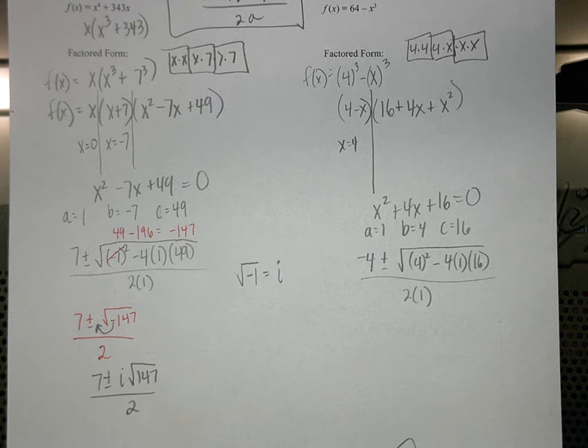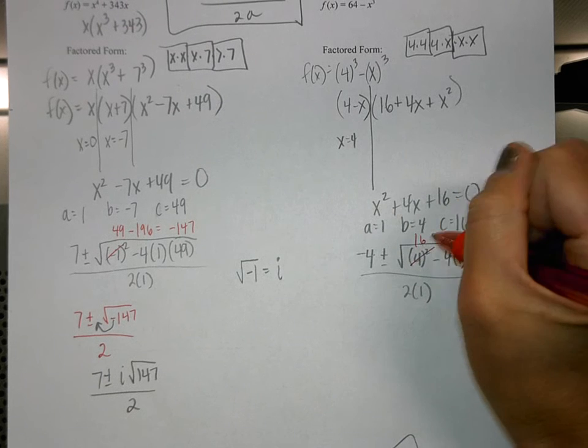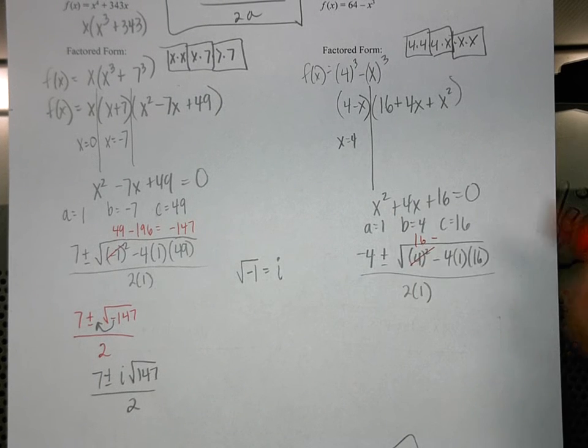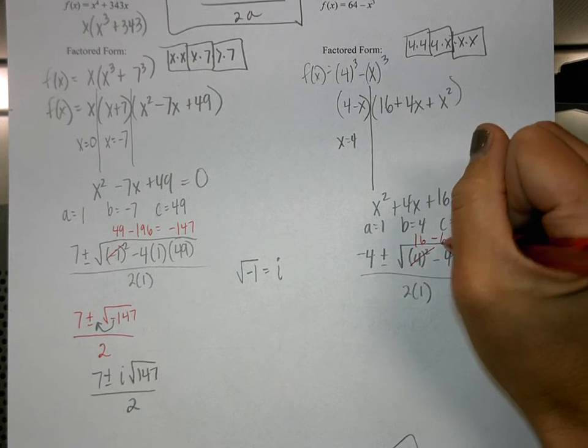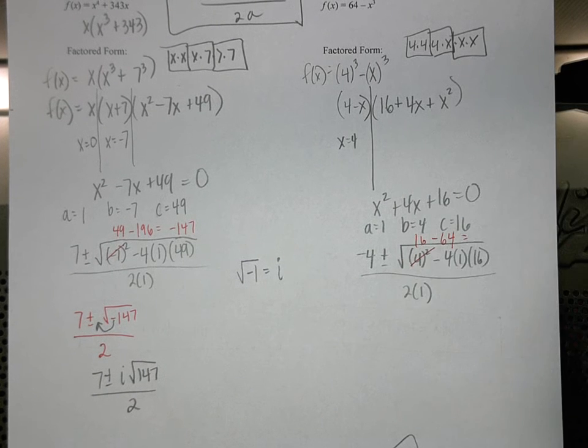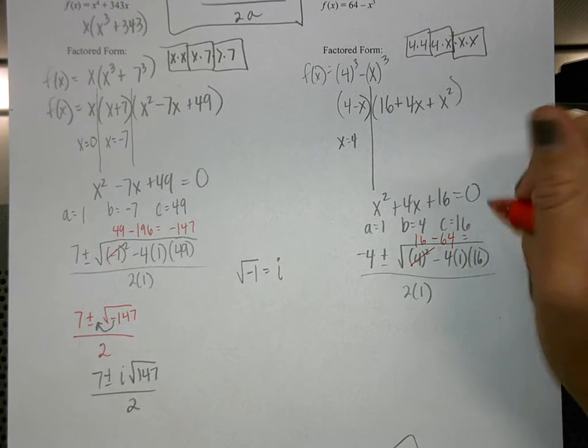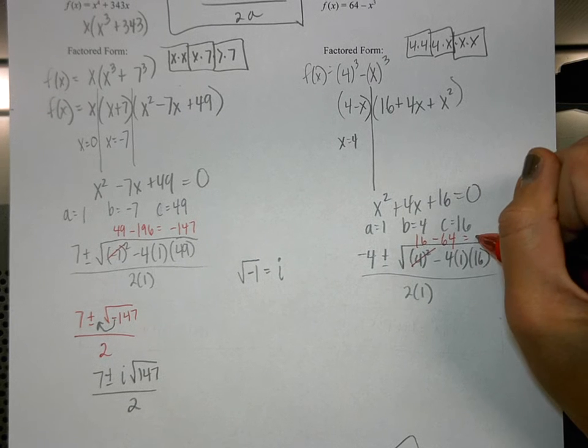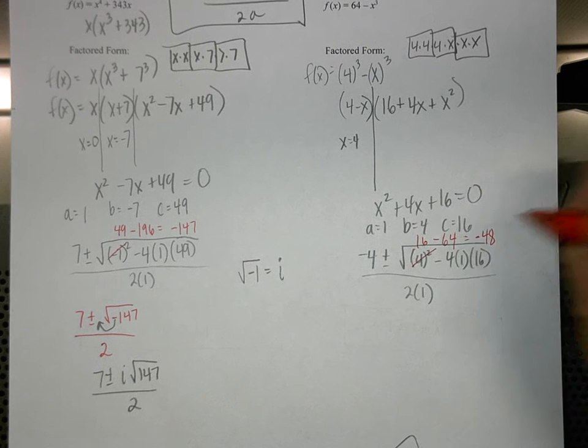What is 4 squared? 16. Got it that time. Good. Minus, and then I have 4 times 1 times 16, which is 64. Good. And what is 16 minus 64? Negative 48.